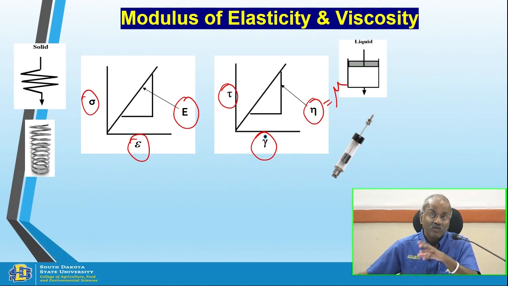In fact, when we do the TPA, after this discussion session, when you go to the lab, you will see that when you do a double bite, even a single bite itself, you will know that some energy is lost and some energy is recovered. Whatever energy is lost is due to the dashpot component. Whatever energy is regained is due to the elastic component.